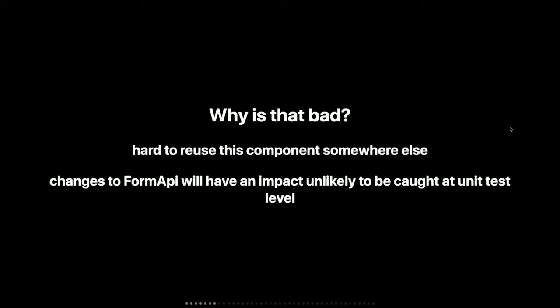What else is wrong with this pattern? I would say it's bad because it's not really reusable. You're tightly coupling your implementation to this form API. What if I wanted to use this input field somewhere I don't have a form or a form API? I can't, because it needs a form API. That's the contract it depends on, right?